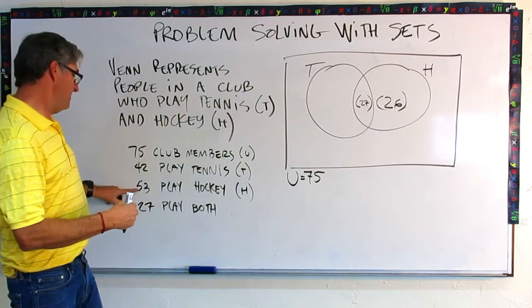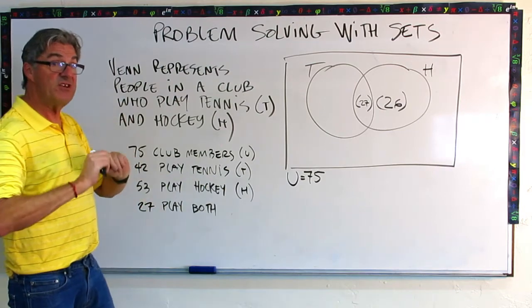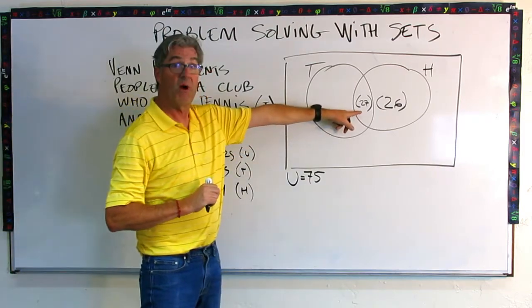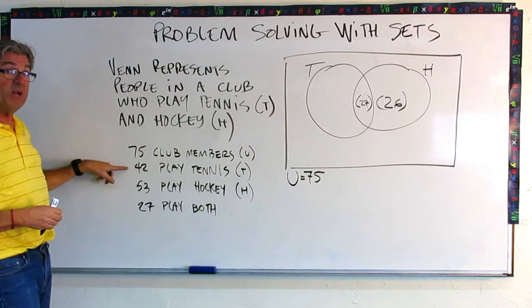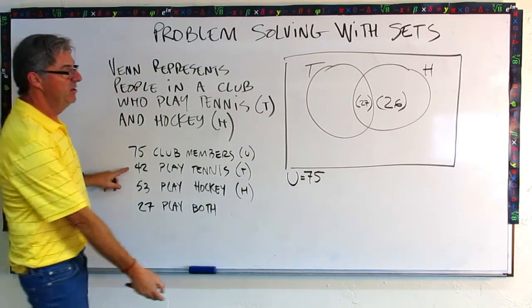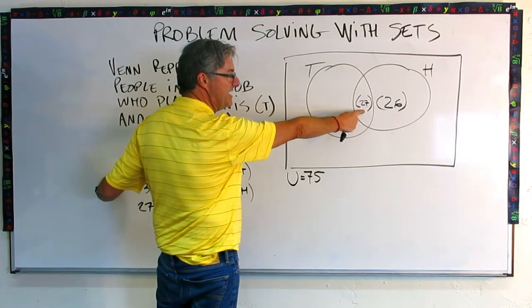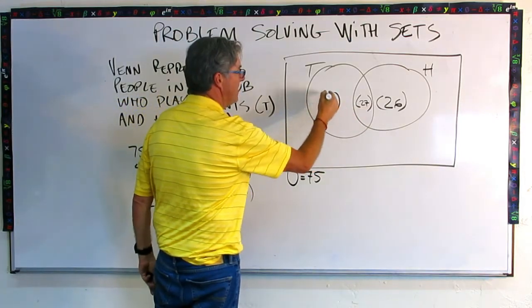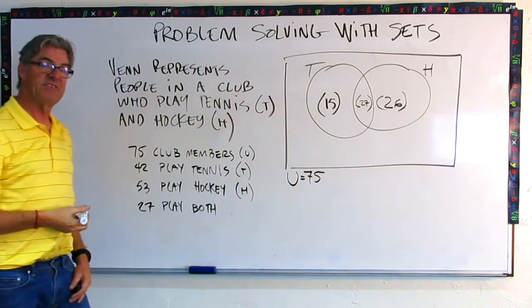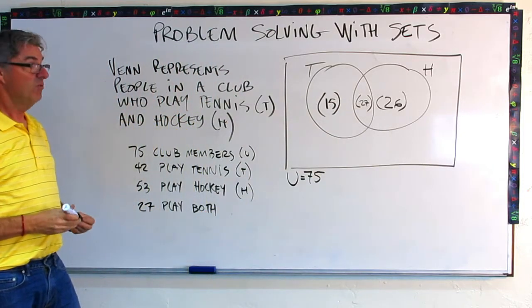We have 53 people who play hockey, 27 of which play tennis as well. Okay? Pretty straightforward. Now we know that 42 play tennis. We've got 27 of them right here, so we have 15 more in there to make 42 for tennis. Okay? So we're almost there.